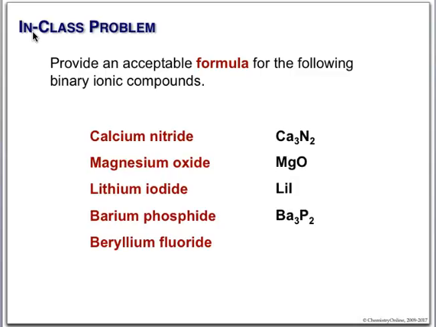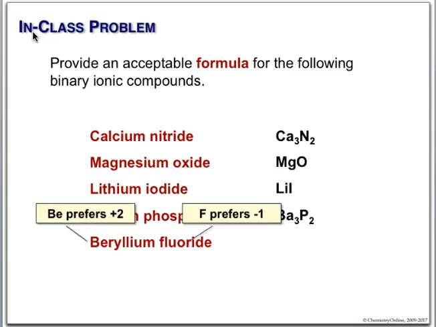and finally, beryllium fluoride. Beryllium is there in our second group, so it's a +2. Fluorine is over here in our 7th group, somewhere. So it is a -1. +2, -1.